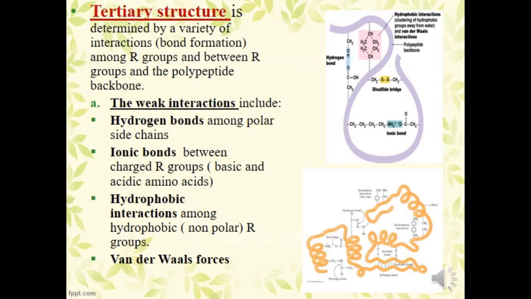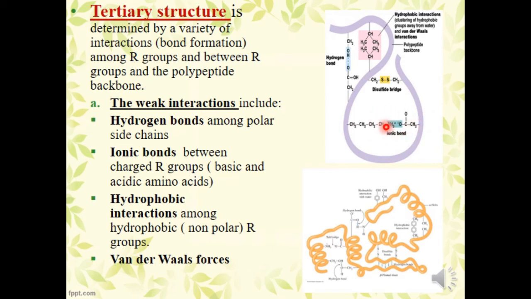Next, we move on to the tertiary structure. These are the stabilizing force for tertiary structure. Again we have hydrogen bond among the polar side chain. We have ionic bond between the charged R group. Remember, there are charged groups, whether basic or acidic.